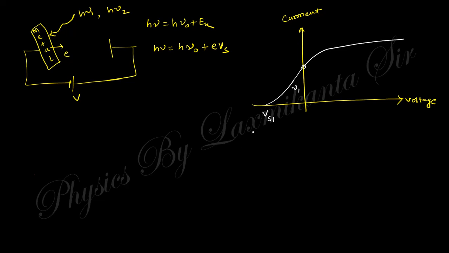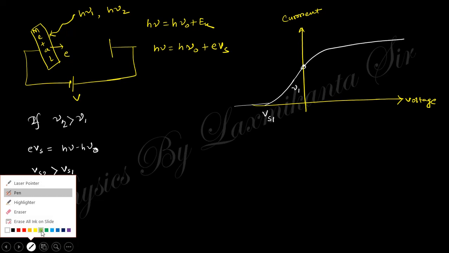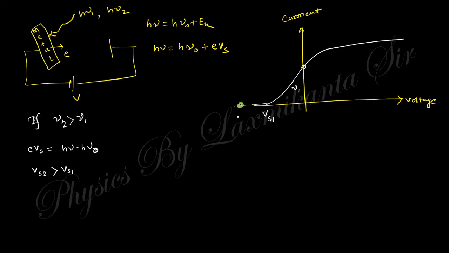Now what happens when nu2 is greater than nu1, when we increase the frequency? Then eVs will increase because eVs equals h nu minus h nu naught. Since nu increases, Vs also increases, so Vs2 is greater than Vs1. So the curve will start somewhere here, Vs2, on the negative side, further out.